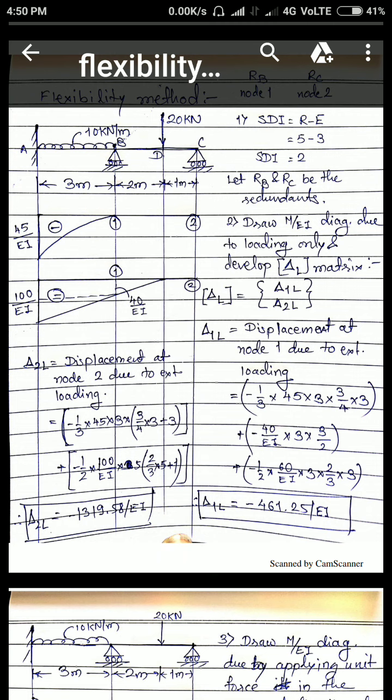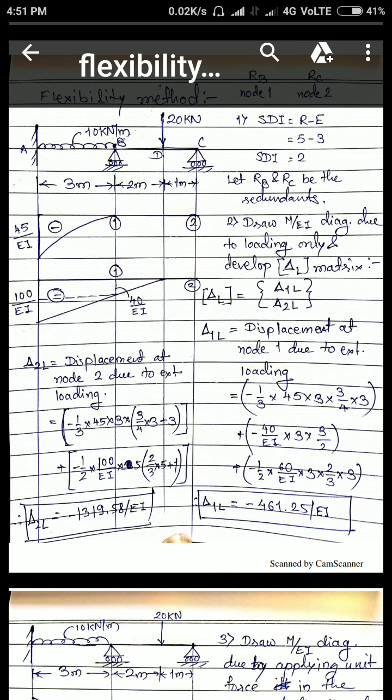Okay, next we have the second part of the trapezoid, that is 100 minus 40, that is 60 by EI. The height of this triangle is 60 by EI. So the area of the triangle is half into base into height, half into 60 by EI into 3, into once again 2/3 of 3, as we are interested in the displacement at node 1 only.